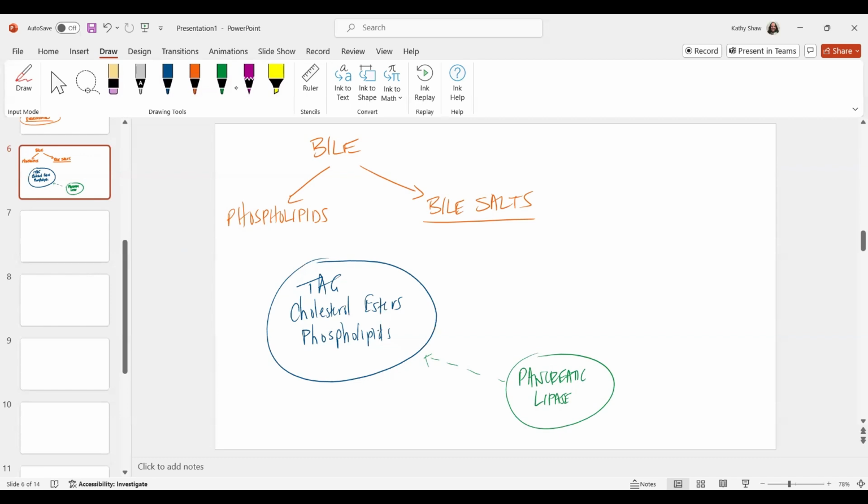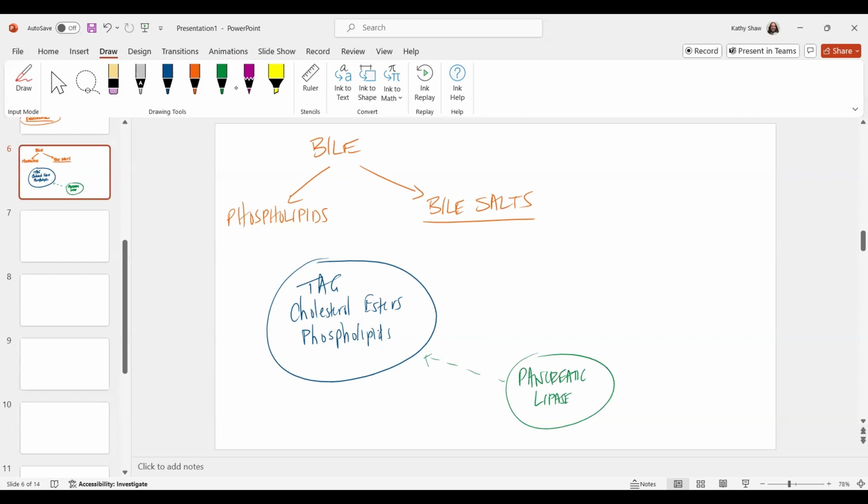So we're going to go through some steps and talk about how we're going to break this fat globule down into smaller particles. Like in the carb and protein story, we had the chain go into smaller chains, smaller chains, finally down to pieces.